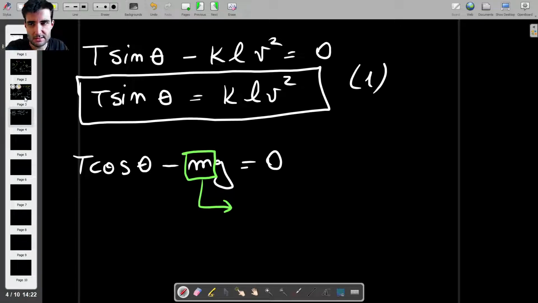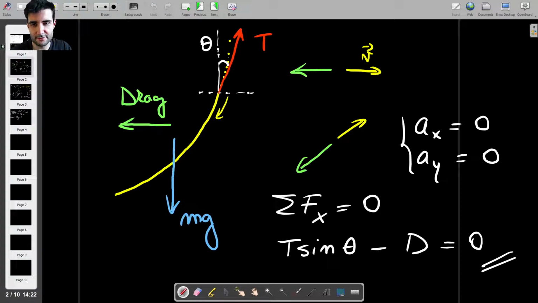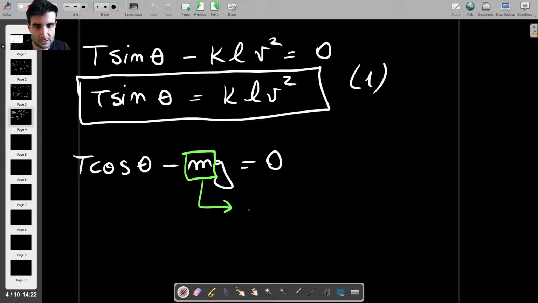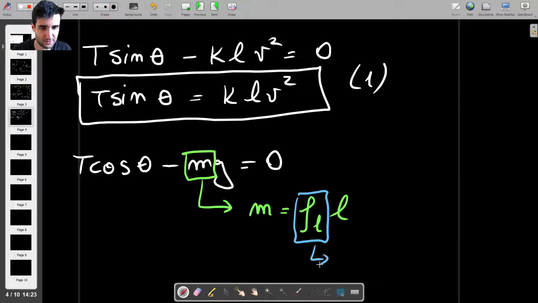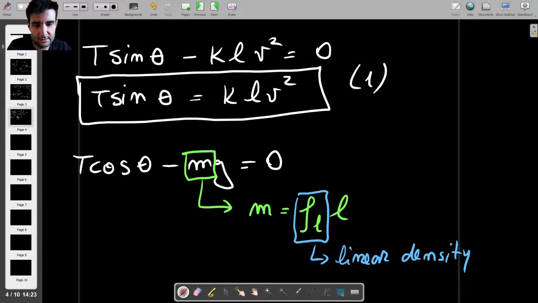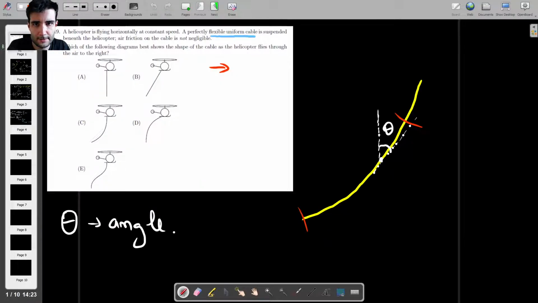This is the mass of this section of the cable, so this will be rho L multiplied by L. I'm going to call this rho L the linear density of the cable, and this is the same everywhere because the question says that the cable is uniform.